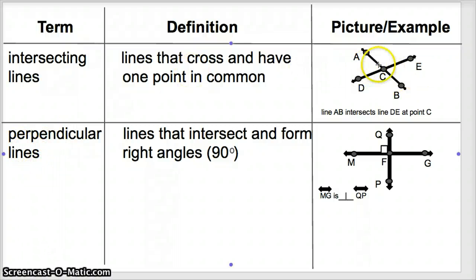Again, you should use a ruler so that your drawings look nice and straight and they're easy to read. This is perpendicular lines, your next one: lines that intersect and form right angles.